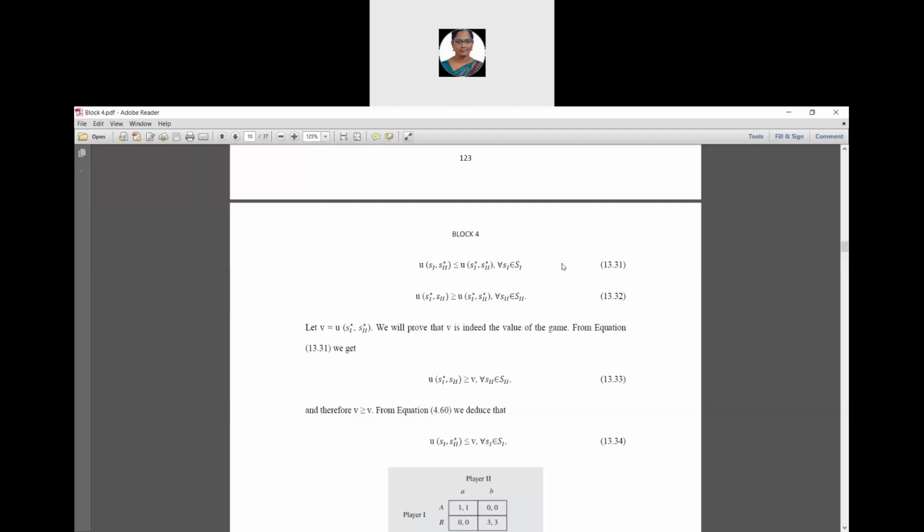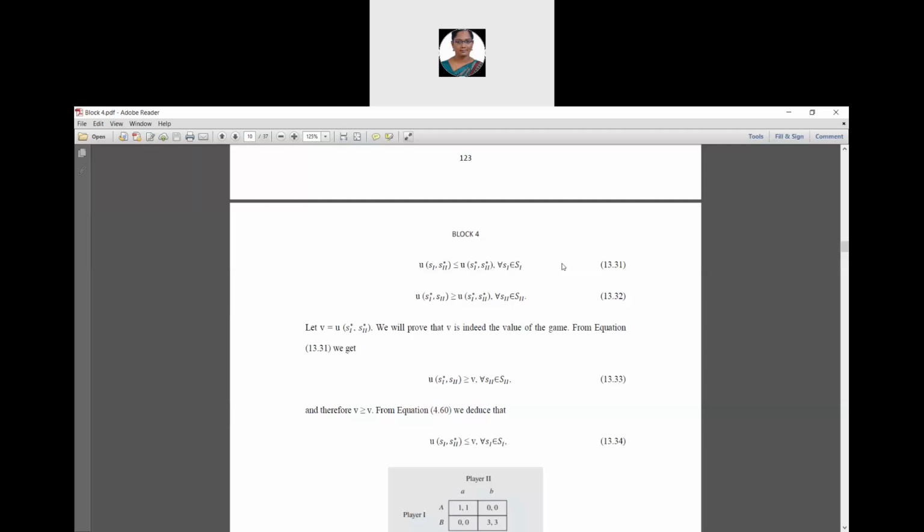Let me consider V equal to U of S1 star comma S2 star. We will prove that V is indeed the value of the game. As we all know, from equation 13.31, it is given by U of S1 star comma S2 greater than or equal to V for all S2 belongs to S2.